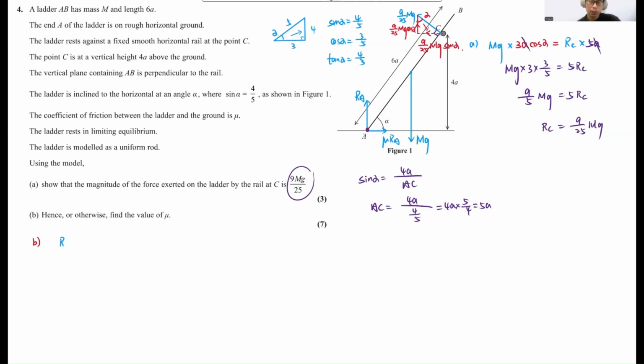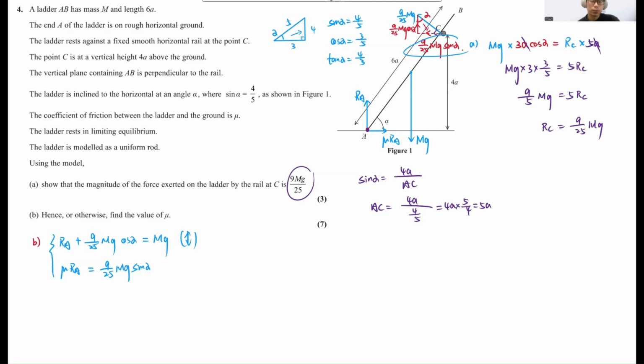So force going up is RA and also 9/25 mg cos alpha, and force going down is just mg. That is the equation in the vertical direction. Then in the horizontal direction, we have mu RA to the right-hand side, and the one to the left-hand side is 9/25 mg sine alpha.